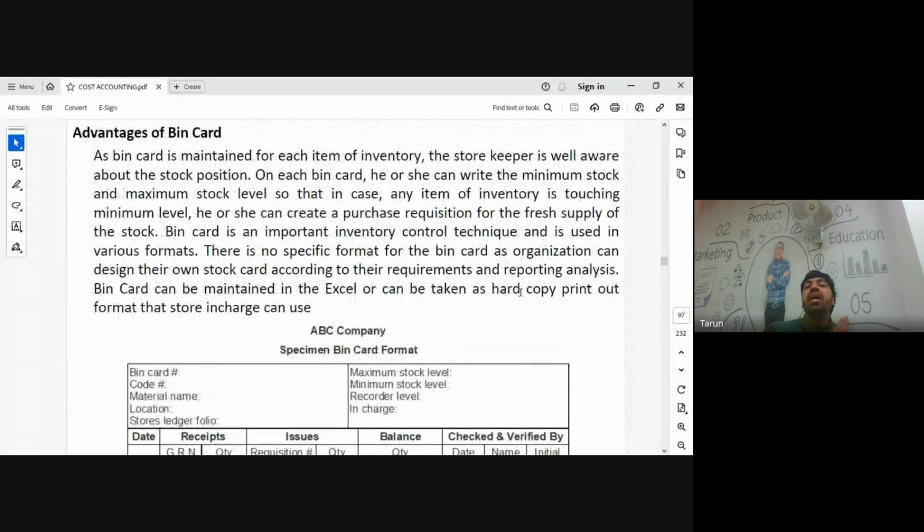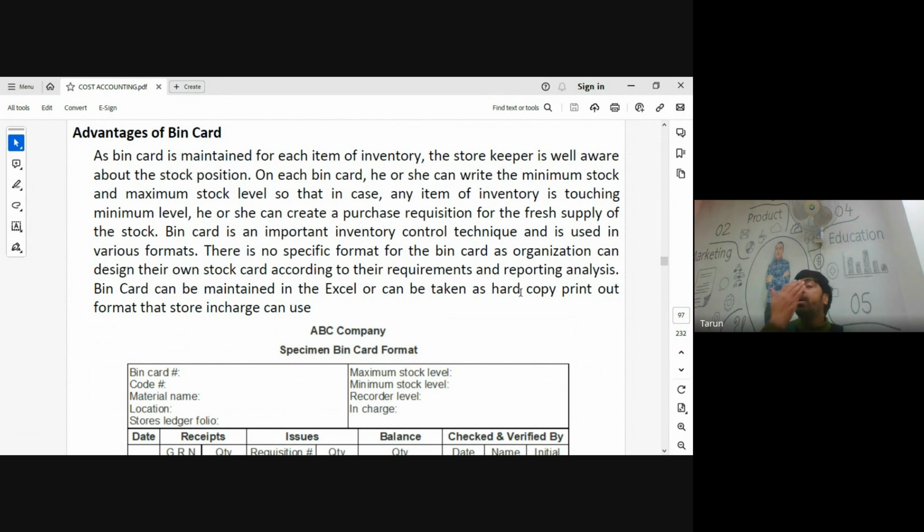Right, so a bin card is maintained for each item of the stock. The storekeeper should be well aware of their position. In each bin card, every item will be recorded to avoid wastage and any discrepancies, and of course, it will also create the purchase requisition for a fresh supply.